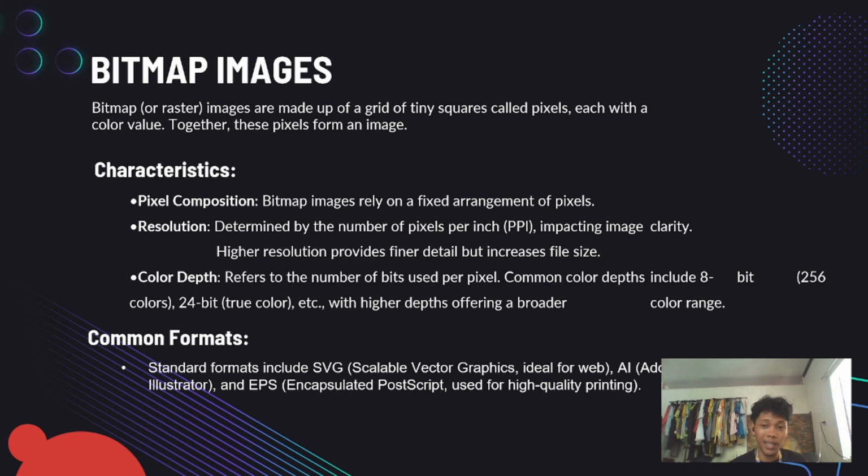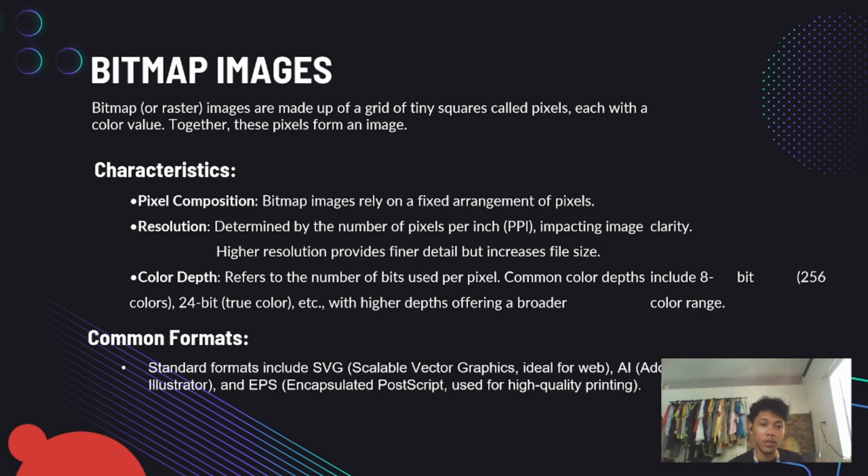Common color depths include 8-bit, which is 256 colors, or 24-bit true color. Every bit has its own color. The 24-bit true color is bigger than 256, with many more colors, and it is used entirely in advanced applications nowadays, with higher depths offering a broader color range. Okay, common formats.